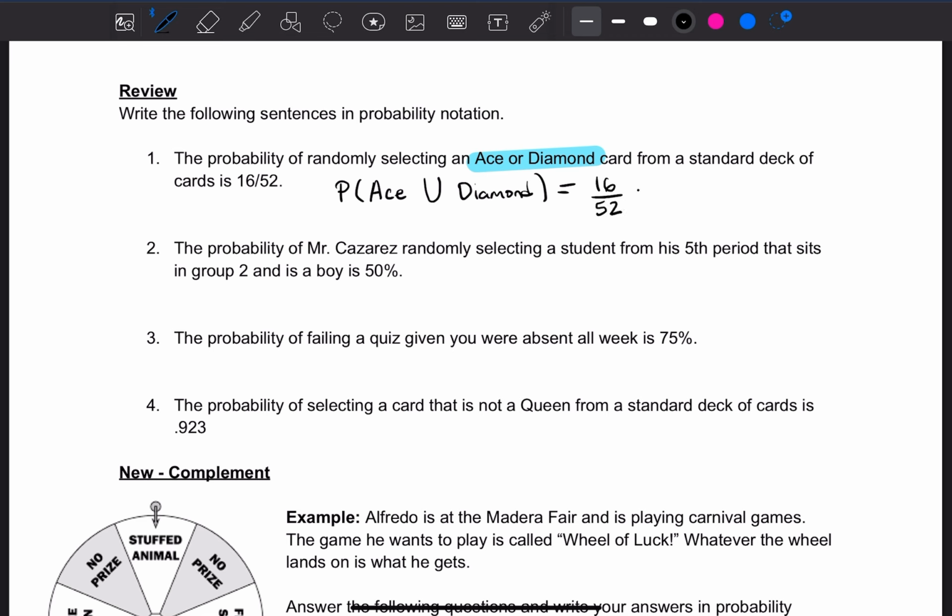Now, if we convert that to a decimal, we write 16 divided by 52 in our calculator. We get 0.3076, and it keeps going on. So we're going to round to 3 decimal places: 1, 2, 3.